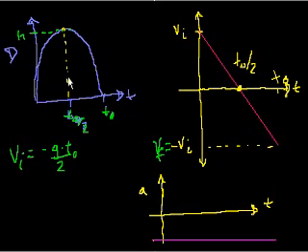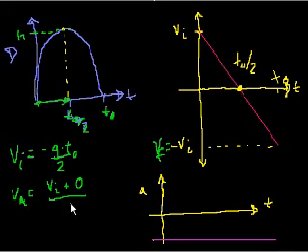So the average velocity over just this first interval would be v sub i plus 0, because we're stationary up here, divided by 2.